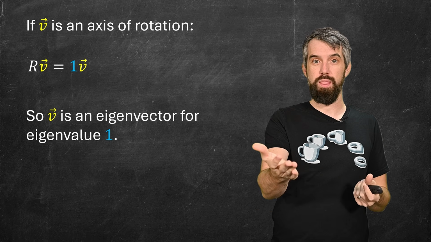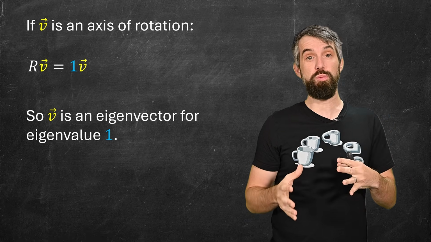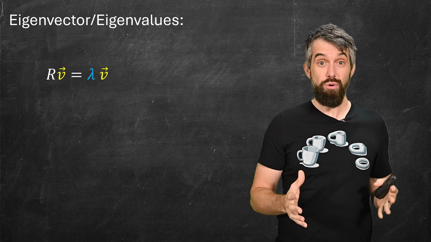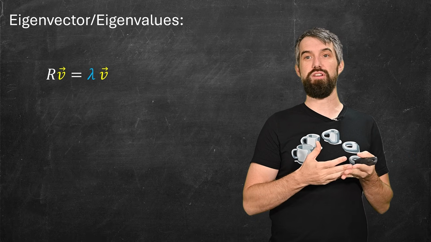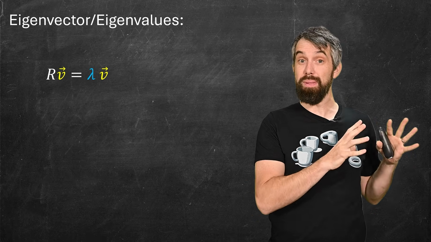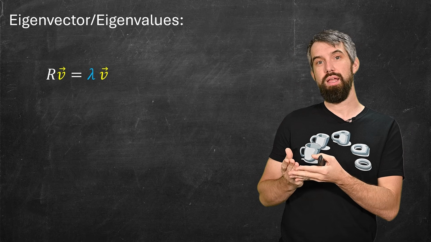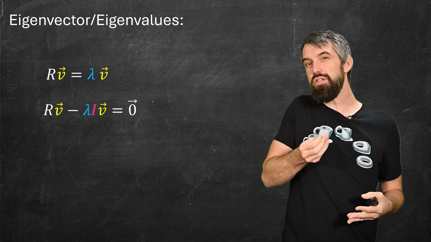And what's great about this is that we have a ton of tools in linear algebra to find eigenvalues and eigenvectors. In general, the problem goes: I'm asking, is there a way that the matrix times the vector is just a stretching factor lambda times the vector? So a big complicated matrix turned into just a simple scalar stretching factor. And the way we solve this, I'm going to subtract from both sides and introduce an identity matrix.